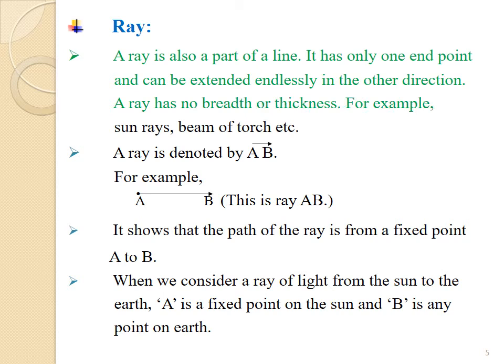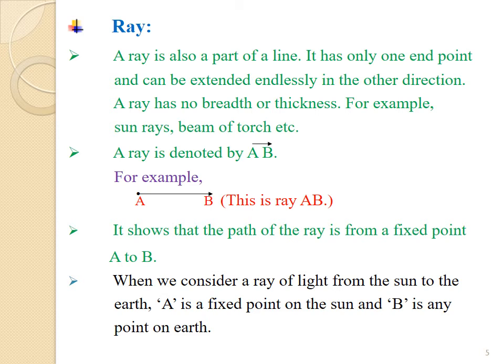For example, sun rays, beam of a torch, etc. A ray is denoted by a given symbol. For example, this is ray AB. It shows that the path of the ray is from a fixed point A to B.